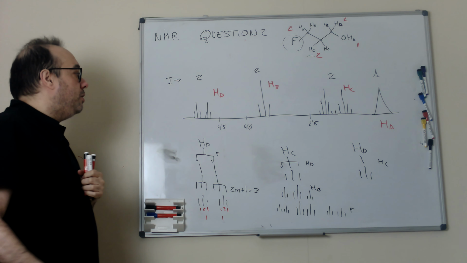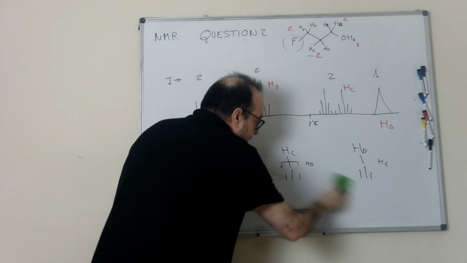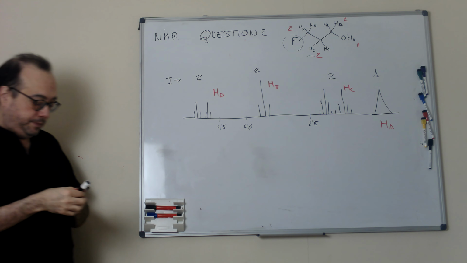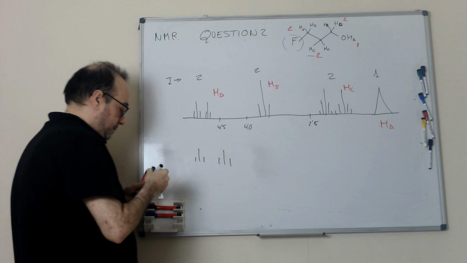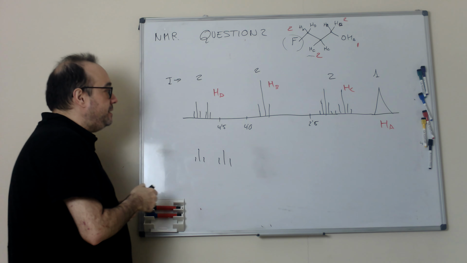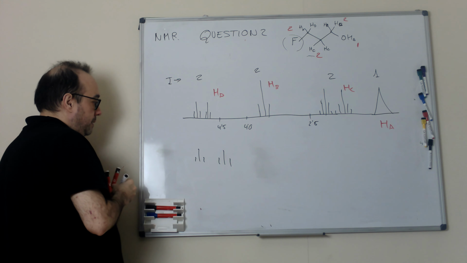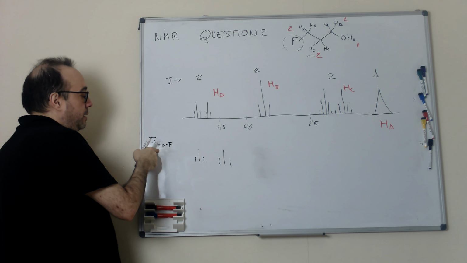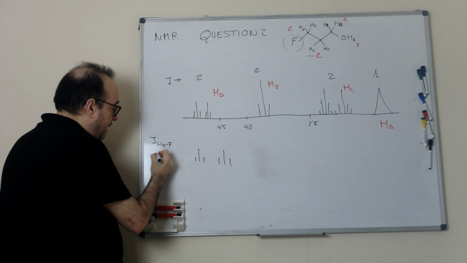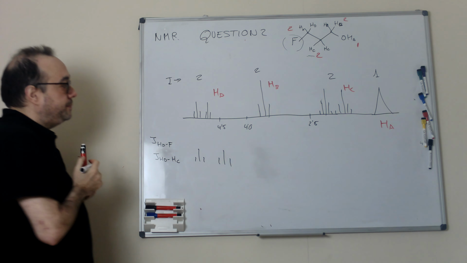Then, in order to know the coupling constants, we can take this signal, these two triplets. We have two coupling constants: the coupling of Hc with fluorine and the coupling of Hd with Hc.